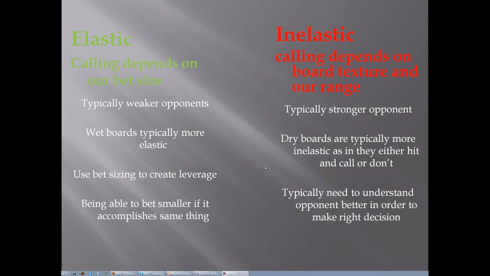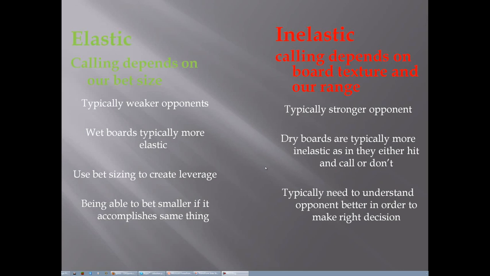The reason is that if the average villain has bottom pair on a king 9 7 rainbow board, with a hand like 6-7 or 7-8 or ace-8, most opponents are going to typically peel at least one street, especially if they're in position.